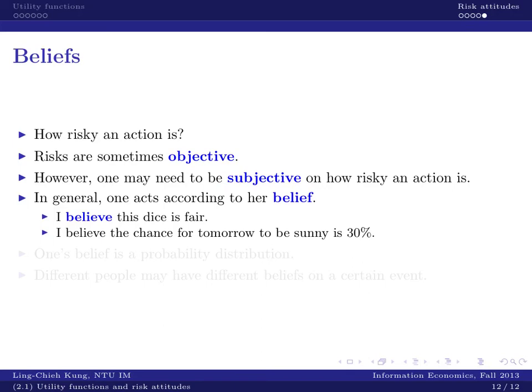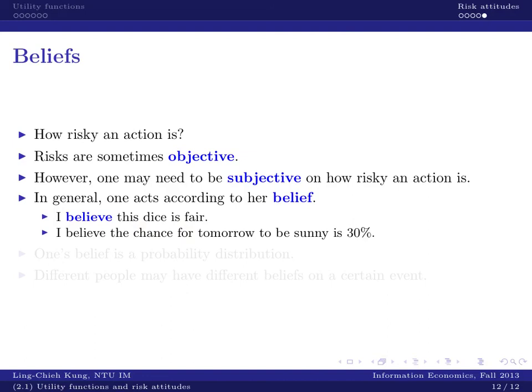And in that case, we say people will act according to their belief. For example, when I am gambling, I need to form a belief about whether the dice is fair. If I believe this dice is fair, I may participate in a gambling, right? But if I believe this dice is unfair, then probably I will just leave. I make my decision according to my belief on whether the dice is fair.